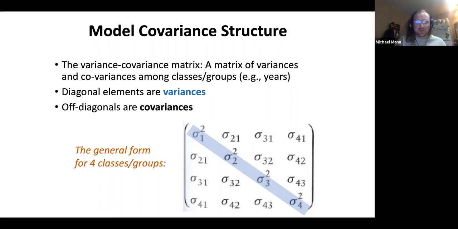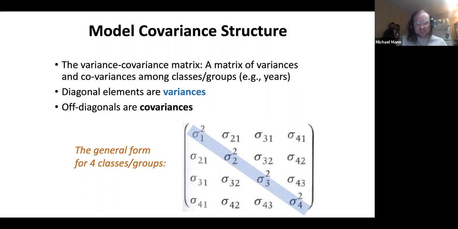Imagine we were looking at, say, the 4 streams. These are our different levels, 1, 2, 3, and 4. And we can build this variance-covariance matrix in which all the diagonals would be the variances of, say, those 4 streams in this example. And then each of the other cells within this matrix are going to be the covariance structure: covariance of 2 and 1, covariance of 3 and 1, and the covariance of 4 and 1, etc.